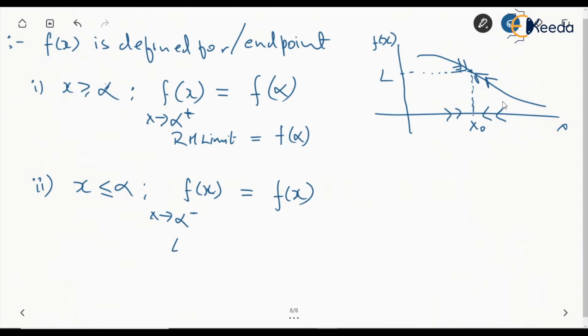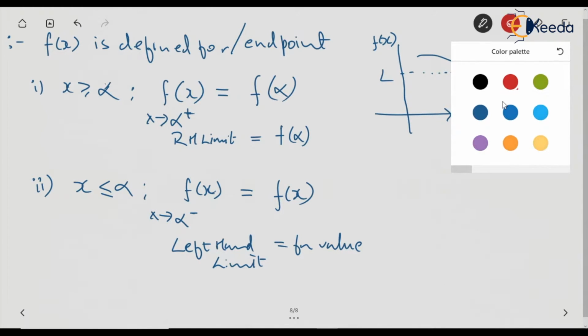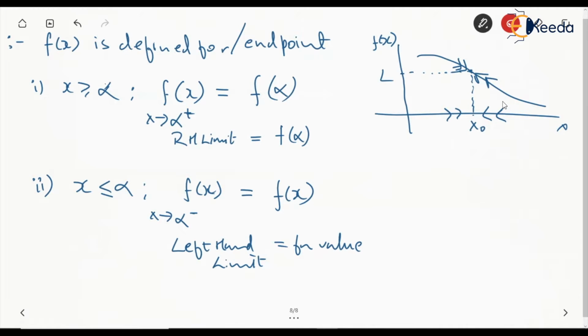So this is the left hand limit, and this is the function value, right? So what we were talking about is that there is a certain endpoint for which the function is defined.